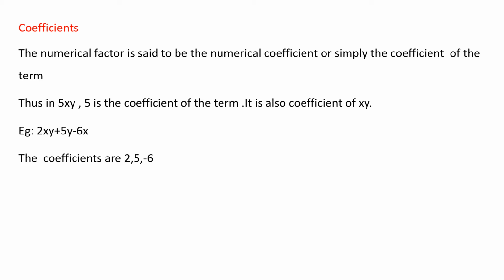Okay, children. So first we will learn about the term coefficient. So what is coefficient, children? Before explaining this coefficient, I will explain what is an algebraic expression. An algebraic expression consists of integers, constants, and variables.